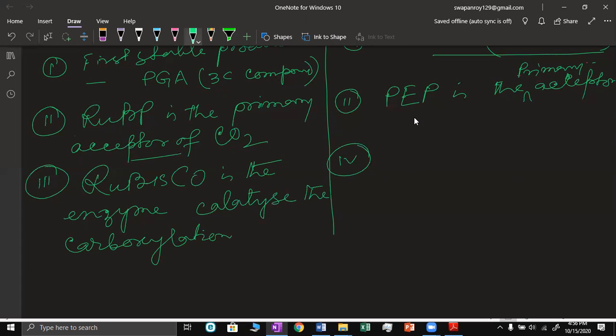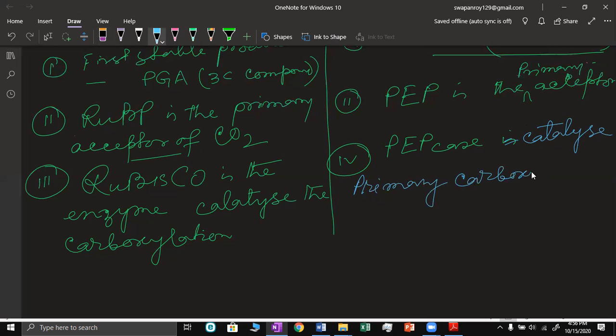Here, this is PEPCase, PEP carboxylase. You can write PEPCase also. PEPCase catalyzes the primary carboxylation reaction.